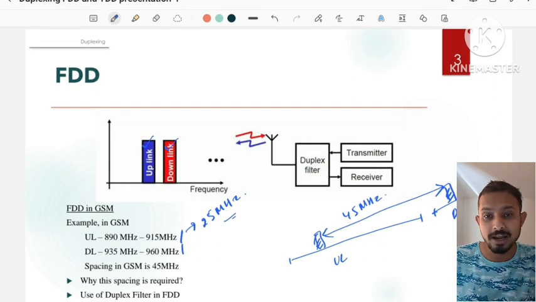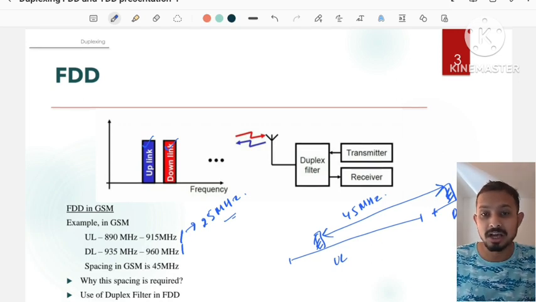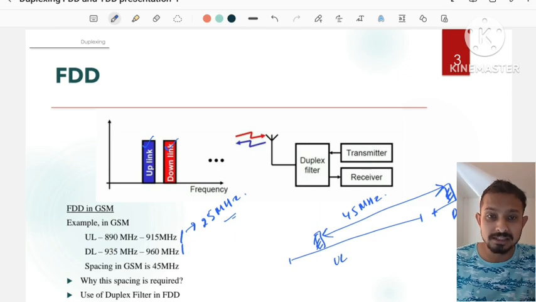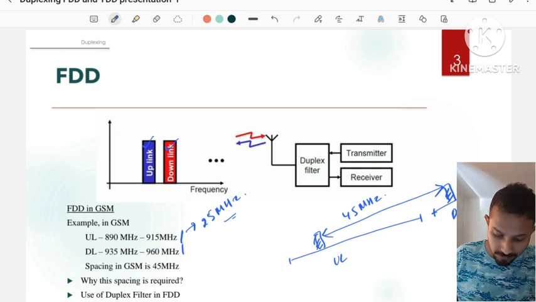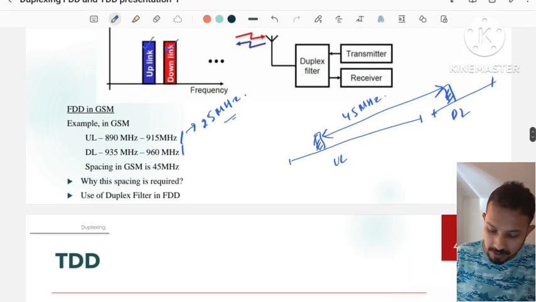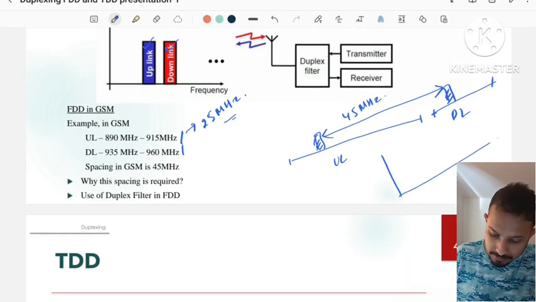The power level with which your mobile transmits is 1 watt, which is 30 dBm, and the received signal power coming from the base station is around minus 100 dBm because of the noise in the signal. If we plot this as a bar graph, we get this.